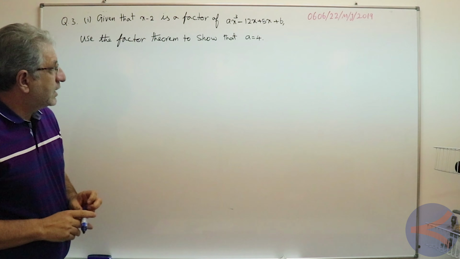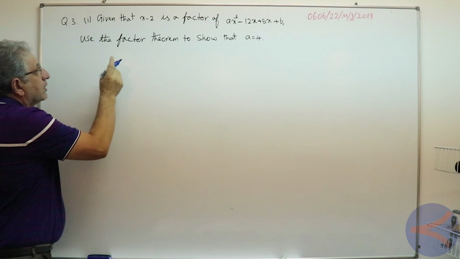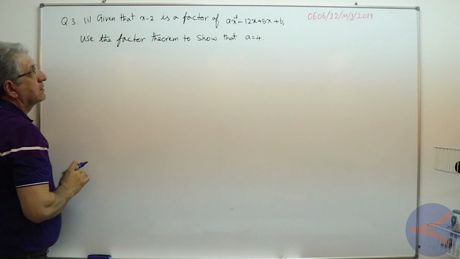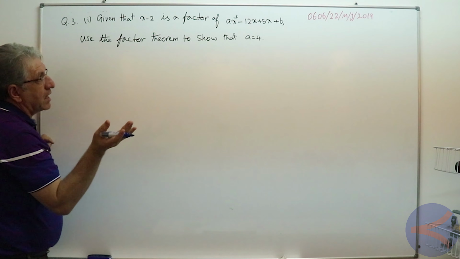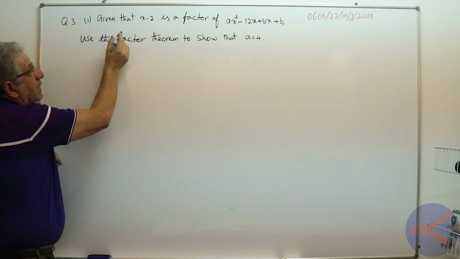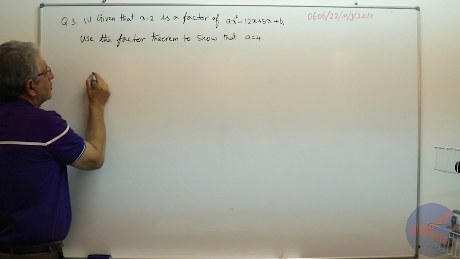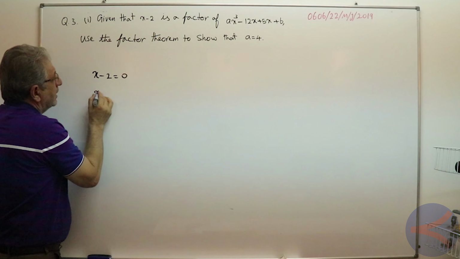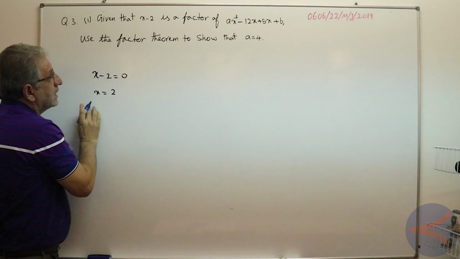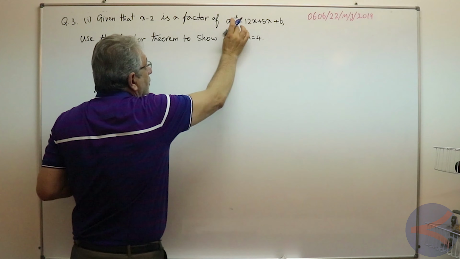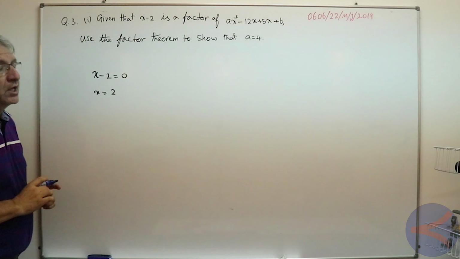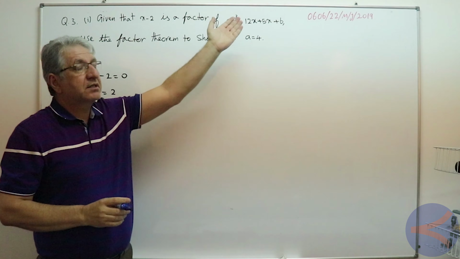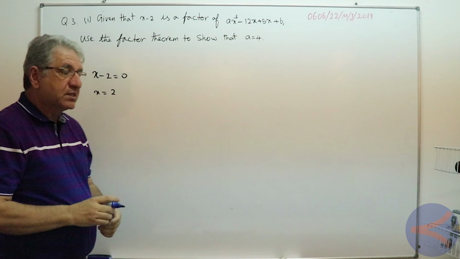If a polynomial is divided by x minus 2, then put x minus 2 equal to 0 and get x is 2. Substituting 2 in this equation gives the remainder. But since it is a factor, the remainder is equal to 0.